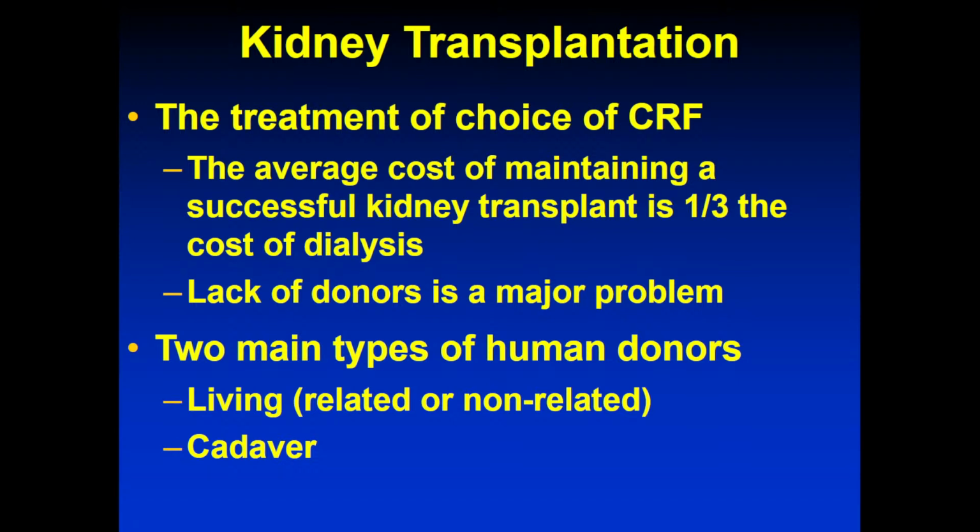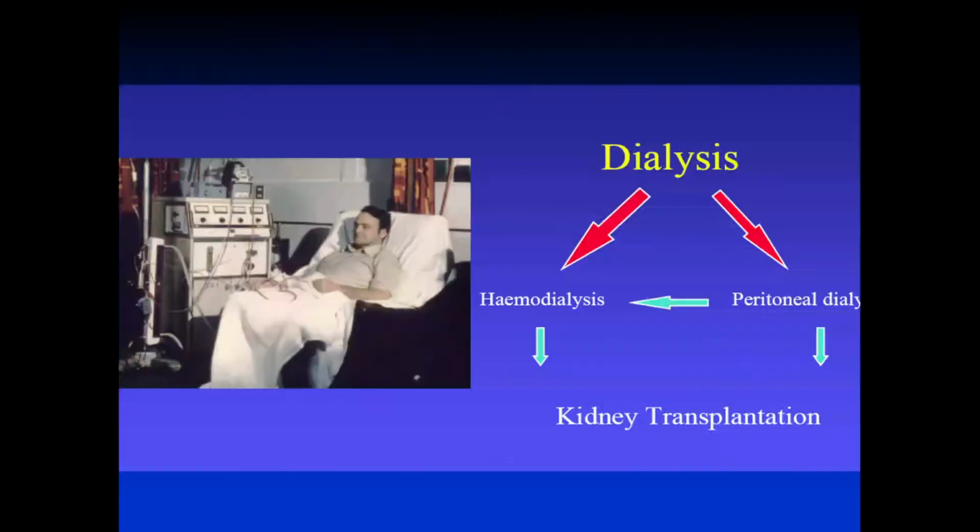Two types of human donors exist: living donor, related or non-related, in our country, related donor, and cadaveric kidney, more available, but it does not provide such a good outcome. So the living kidney is the best choice for such purposes. And now you see the lifeline for this patient.